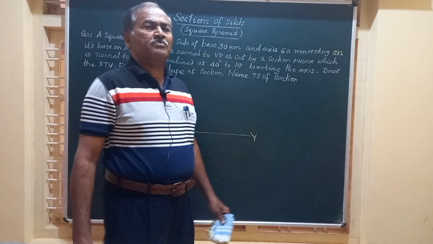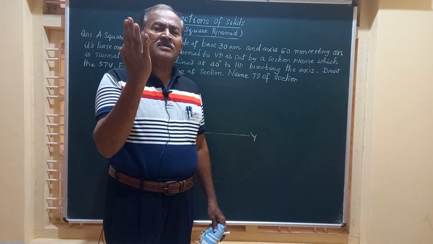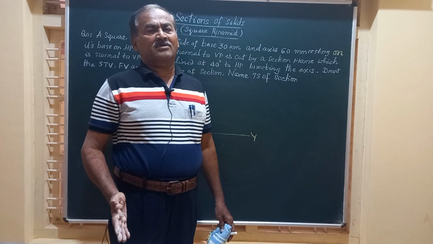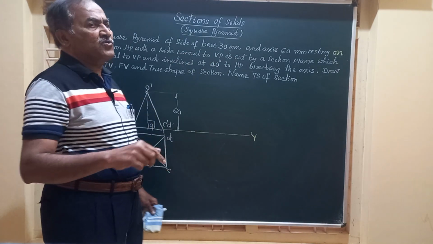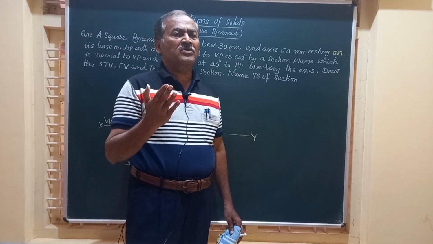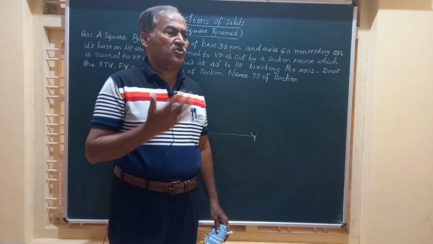A section plane can be assumed to be a very thin rectangular blade-like thing. So it is going to bisect the axis. Before that, let us see how a section plane looks in the front view and in the top view.